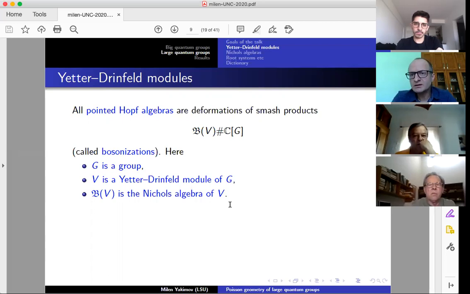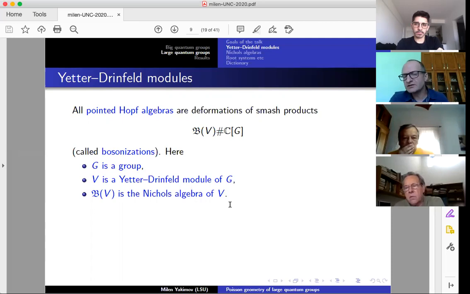A smash product is simply a Hopf analog of a semi-direct product of Lie groups. So think about this as an easy analog of a semi-direct sum of Lie algebras and the corresponding operation on the universal enveloping algebra.